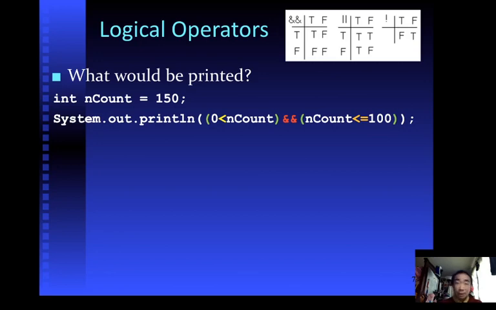So apply some of these ideas. What would be the output? What would be printed to the screen? You can type into chat. Should it be true? Should it be false? Is there an error?